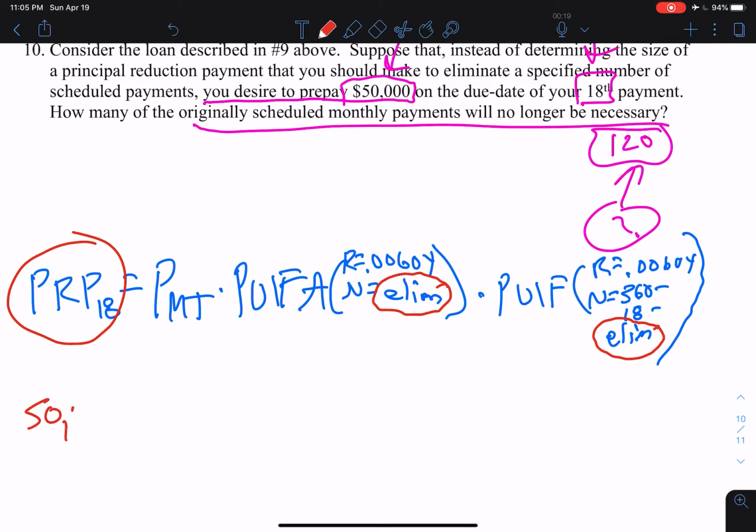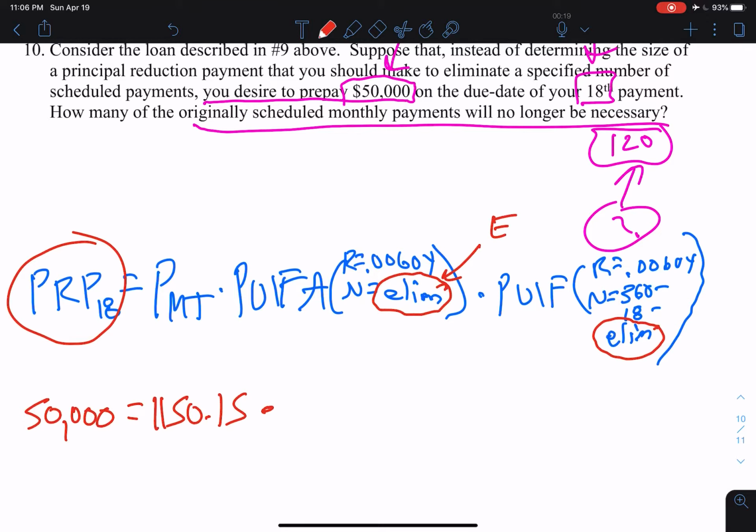We're going to prepay $50,000 at date 18, and the payment we know is $1150.15. And so here is our PVIFA, and we're just going to call this elim. We'll call it E in these formulas here.